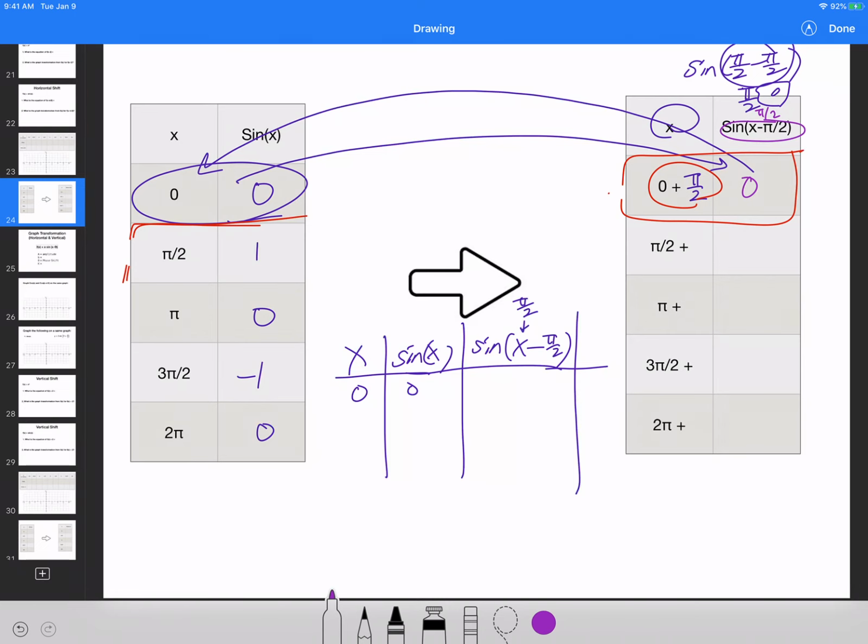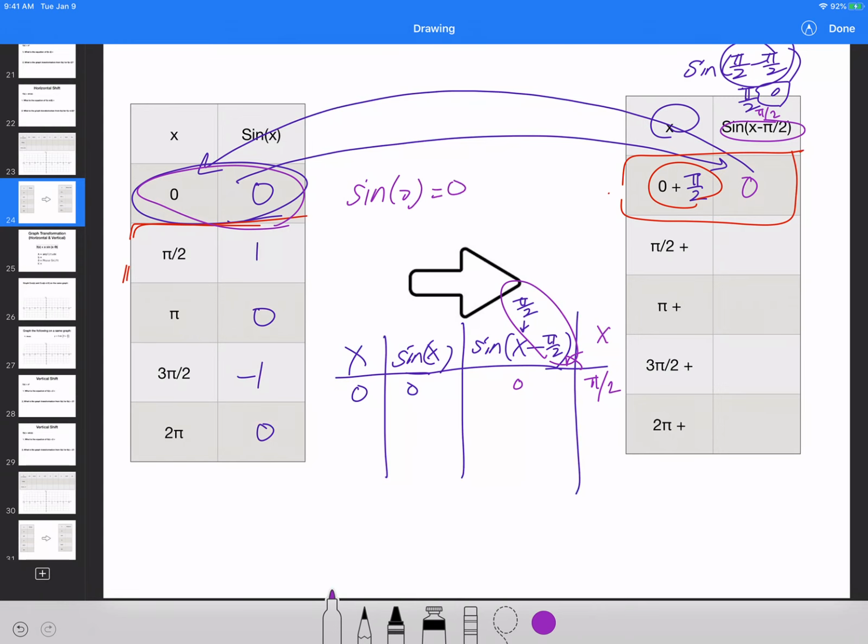Because if I plug that into this graph, I'm going to get a 0 for that. Because then I'm going to get sine of 0, because pi over 2 minus pi over 2 is 0, and we know that sine of 0 is 0.